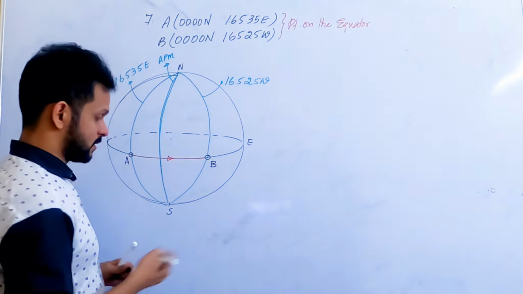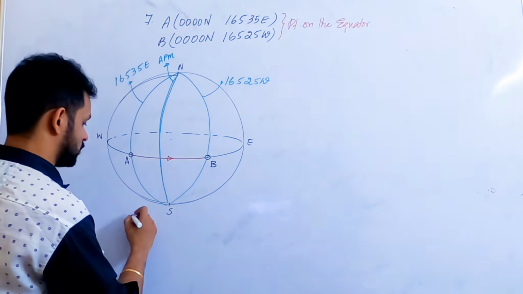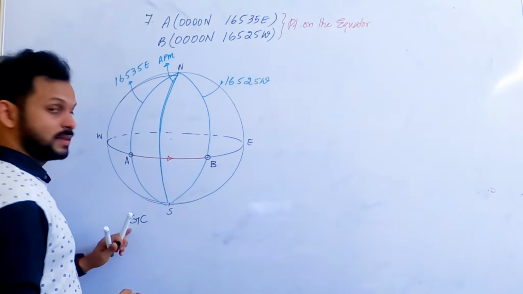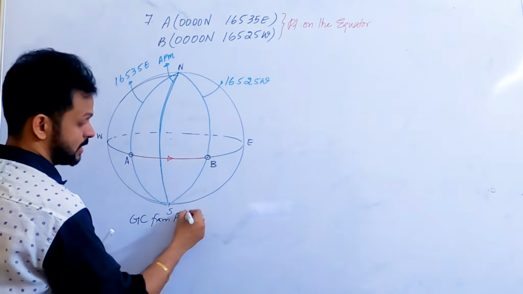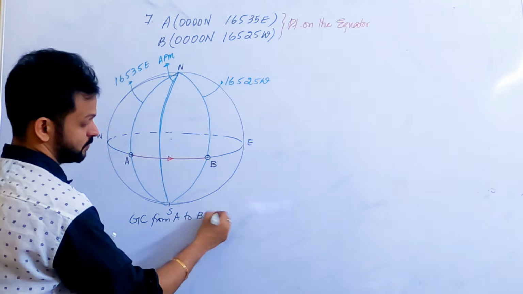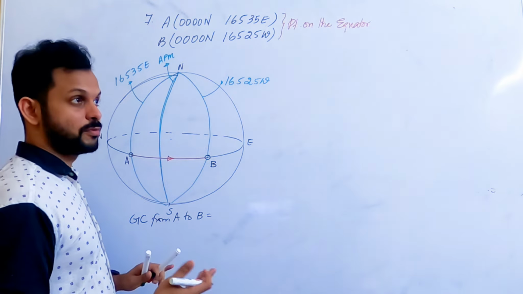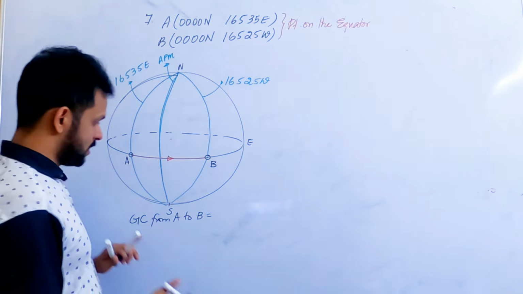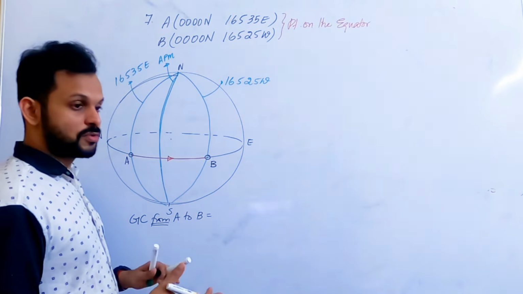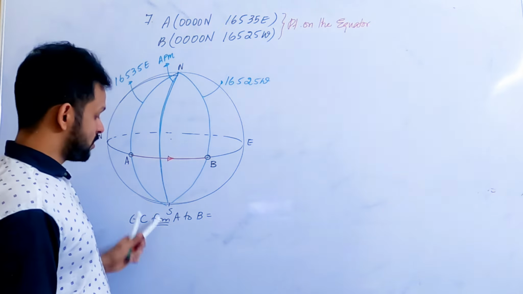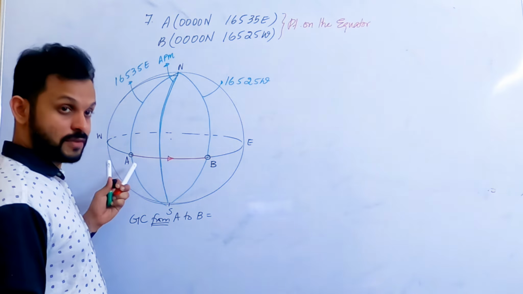If I mark the great circle track as GC, this is the great circle track from A to B. This understanding is quite helpful for convergence and other topics. You can see the words from and to. I'm more interested in the from word, where I keep my pen or finger at the from side.